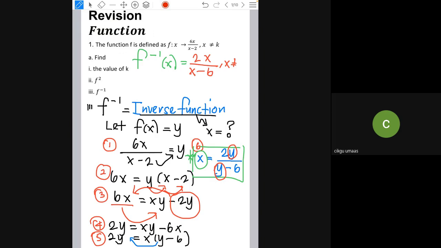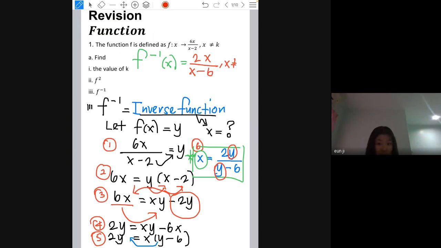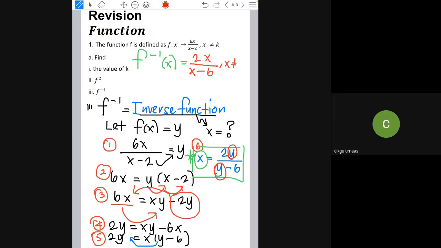not allowed. So Yunji, what is the value of x which is not allowed? 0. Yunji, the bottom one, x minus 6 cannot be 0. So what is the value of x which is not allowed?